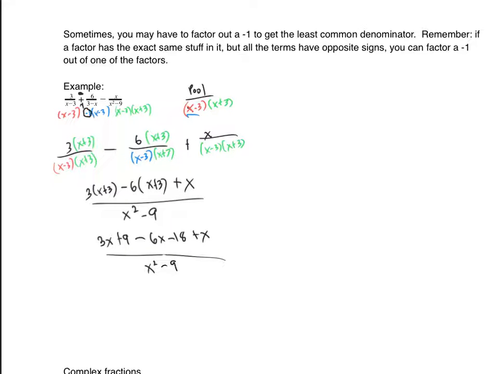All right, so let's combine like terms. You see 3x minus 6x plus x is -2x, and then 9 minus 18 is -9, and this is over x squared minus 9. So that would be your final result.